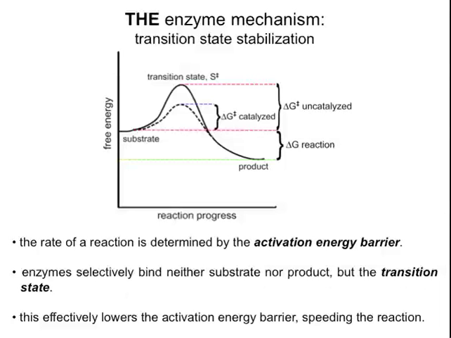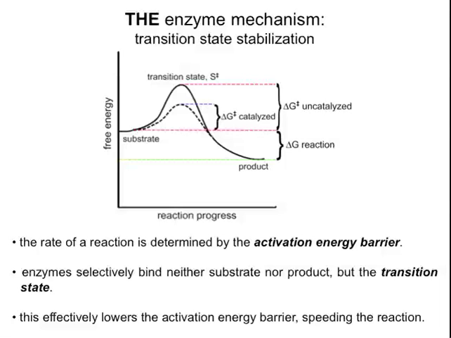And to the extent that we do stabilize the transition state, we accelerate the rate of the chemical reaction. So again, let me emphasize that an enzyme isn't going to change the relative proportions of substrate or product at equilibrium, right? Instead, what we're going to do is change the rate at which we move between those two states.